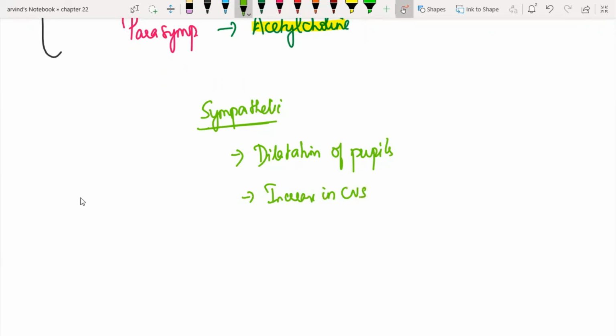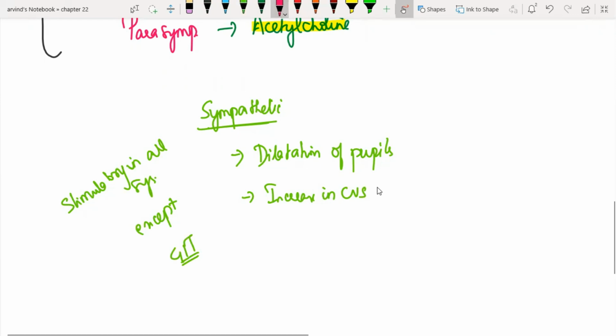The thing is, it is stimulatory in all your systems except the GIT. So except your digestion and absorption, the sympathetic nervous system is going to stimulate and increase every parameter. In cardiovascular, it is going to increase the heart rate, the BP, the pulse rate and hence the cardiac output.